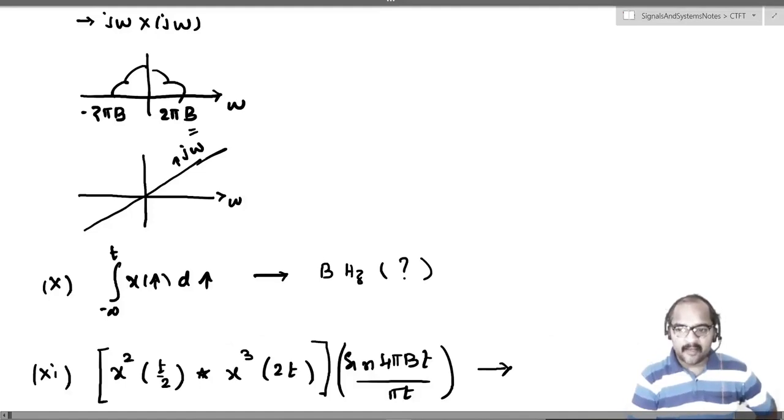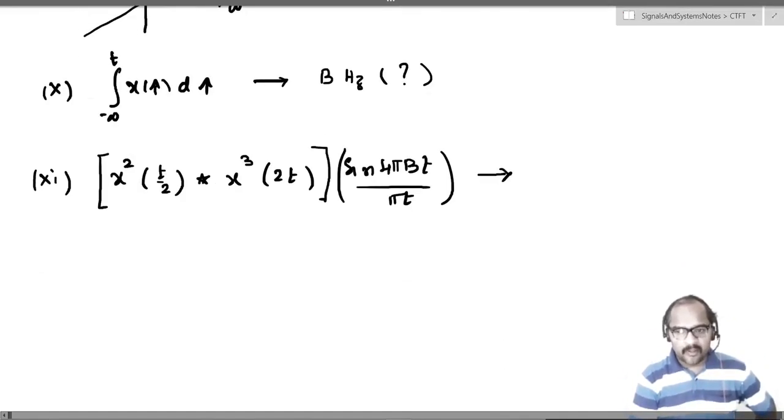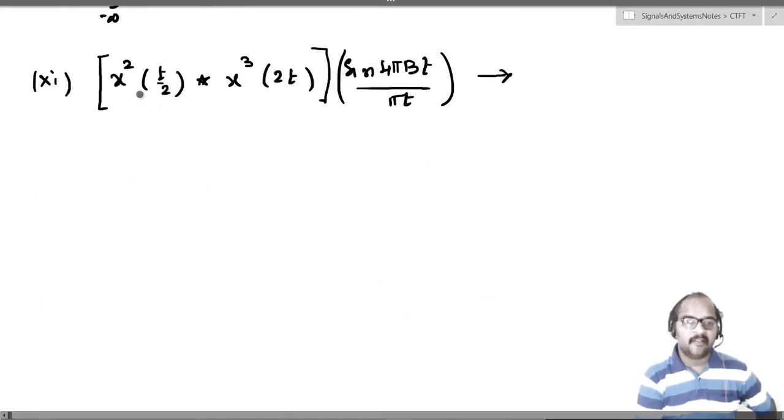Okay, so as a last example, let us try to find out the bandwidth of this signal, which is x square of t by 2 convolved with x cube of 2t, and this whole signal is multiplied with sine 4 pi bt by pi t.